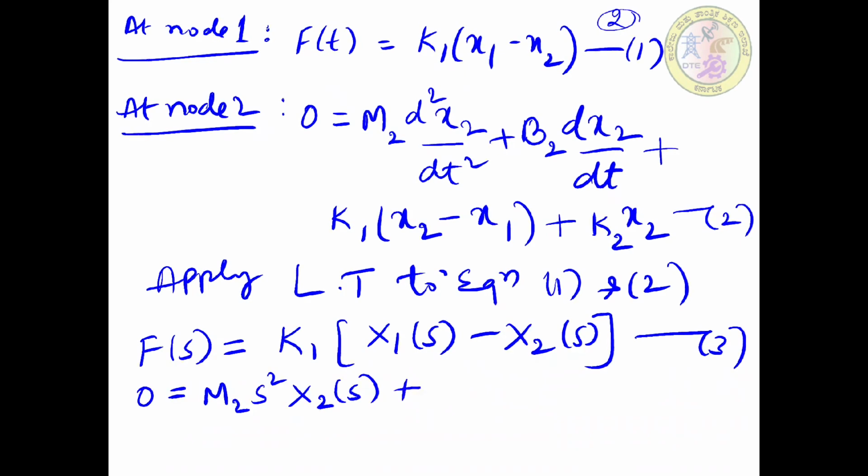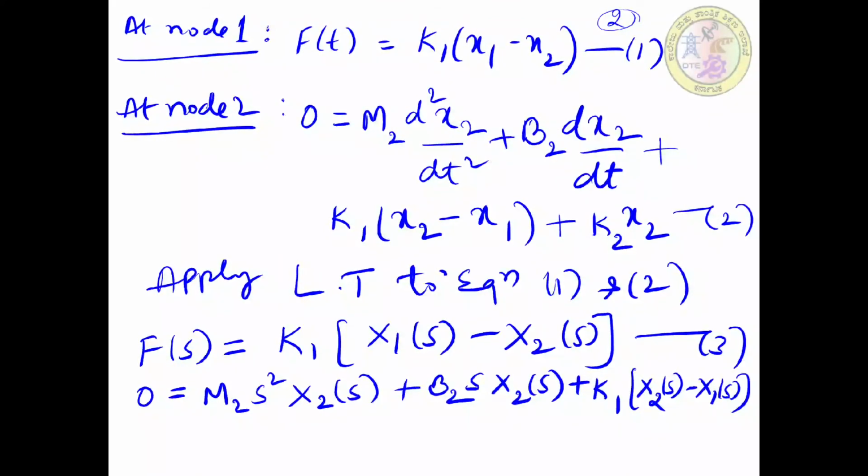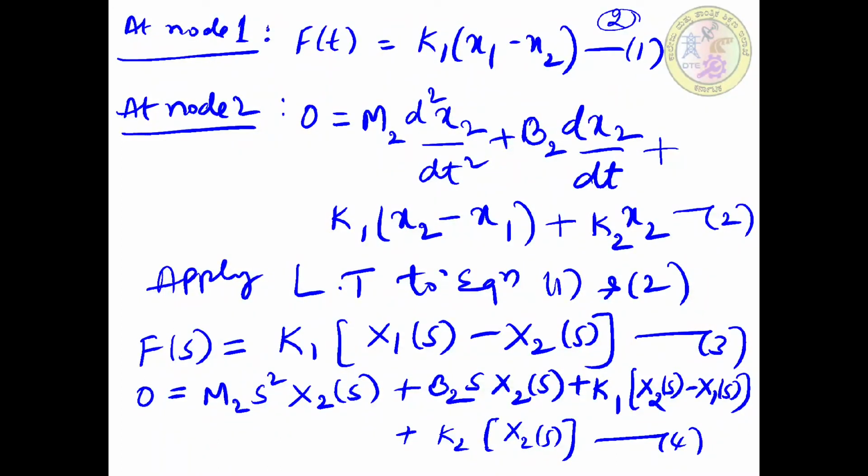Then plus we have b2 s x2(s) plus k1 (x2(s) − x1(s)) plus k2 x2(s). So this is the fourth equation after applying the Laplace transform. So 1 and 2 are differential equations in the time domain. 3 and 4 are the Laplace transformed equations.